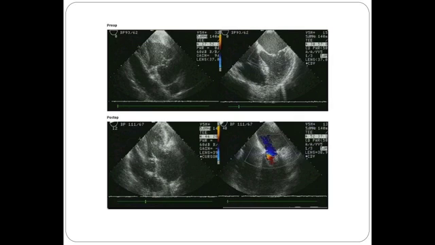It allows you to look at how the ventricles are working, how much blood is being pumped out, so what is the left ventricular ejection fraction. You can also, using various additional techniques such as Doppler, look at particularly the flow and the speed of flow across various valves. And this can help you to classify the severity, or indeed to define the presence of valvular pathology, such as stenosis or regurgitation.